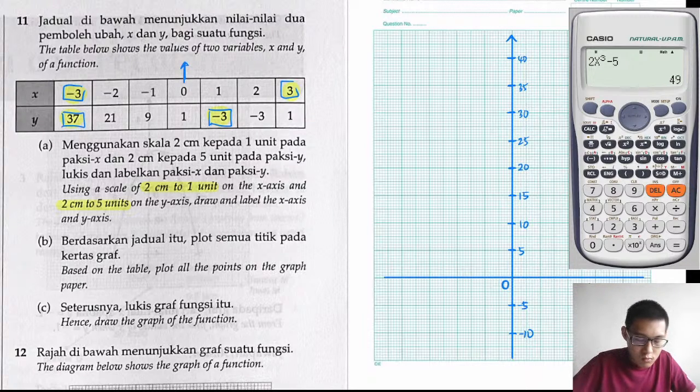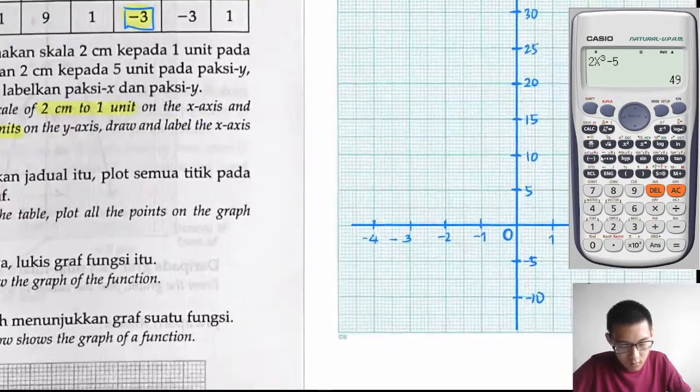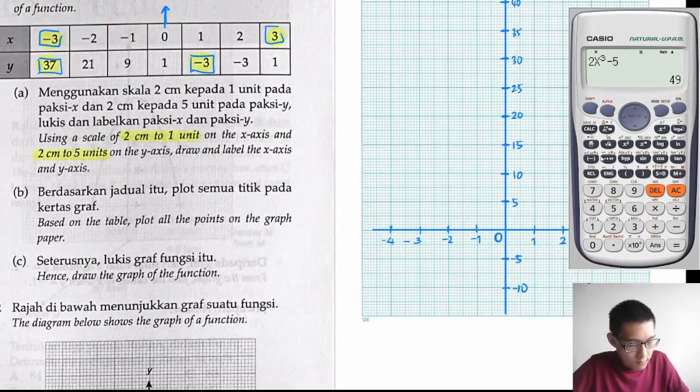Usually the labeling is on the left hand side, but now I try the right hand side. It's okay. For the x-axis, usually the labels are at the bottom. We draw at the bottom. Negative 1, 2, 3. I think no need for 4 lah. If you want 4, okay. No need for 4 also can.